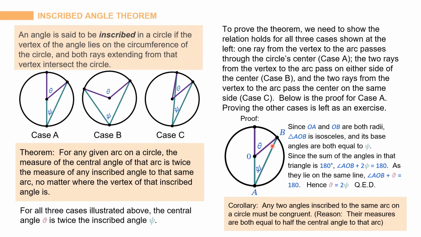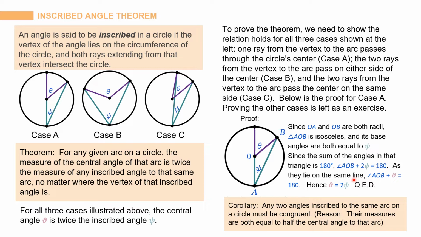Since the sum of the angles in that triangle has to be 180 degrees, angle AOB plus 2 psi is equal to 180. But angle AOB and the central angle theta form a line, so they have to be supplementary. So AOB plus theta is also equal to 180 degrees. Subtracting these two relations, we show that theta has to be equal to 2 psi, which is what we were trying to prove.